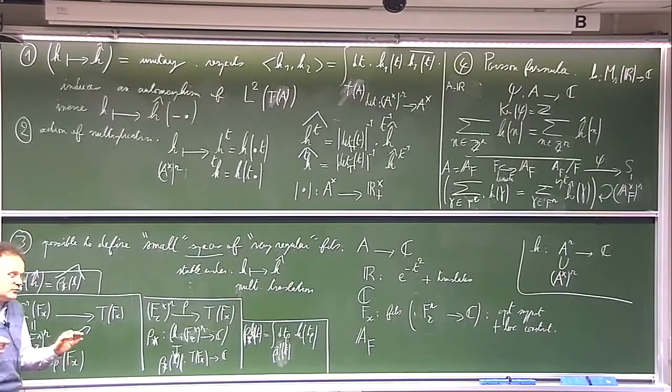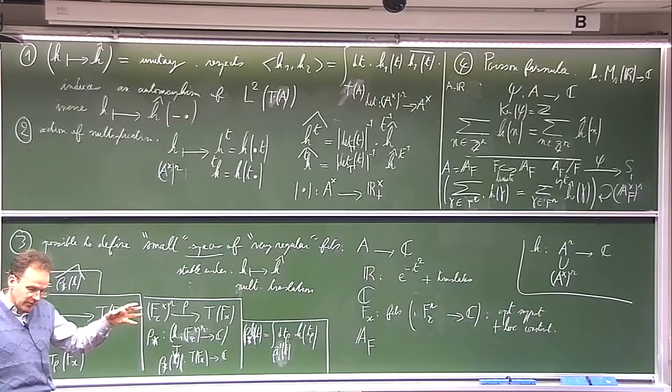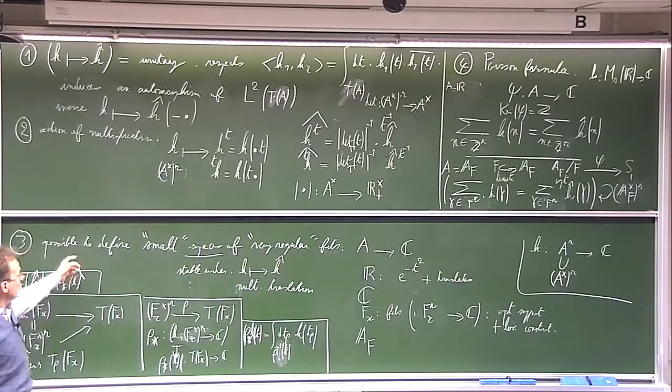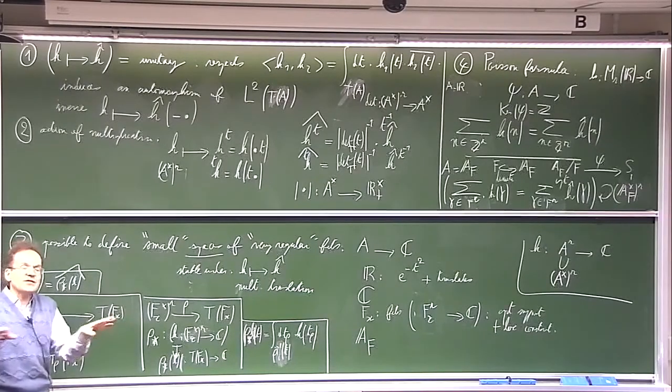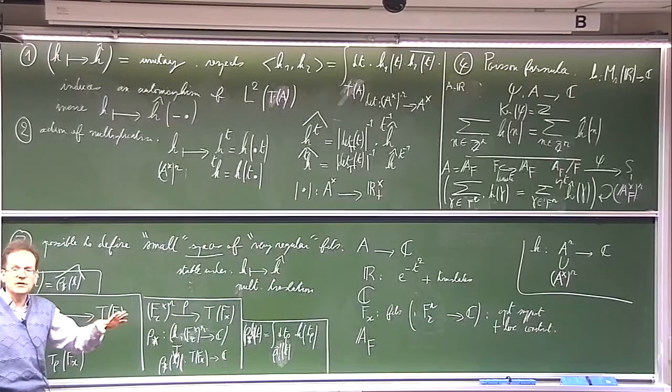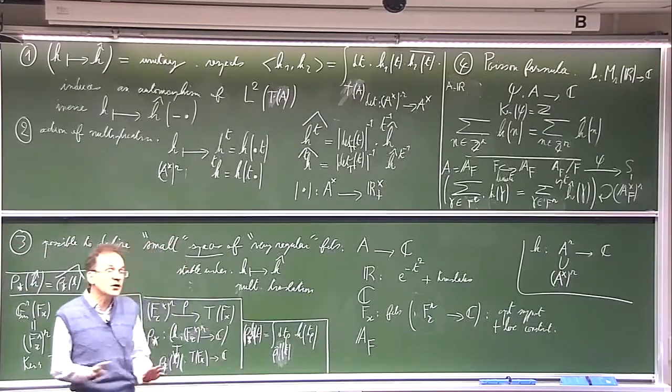Here I have to stress the fact that these very regular functions on the quotient we get by integration do not extend by continuity to some bigger space where they would be continuous, smooth, anything you have. They do not extend.